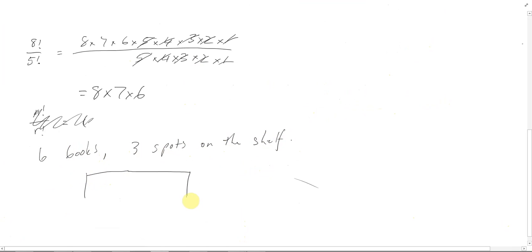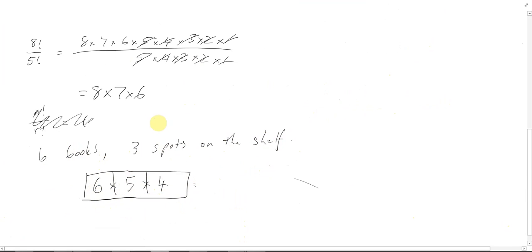Well, here are our 3 spots on the shelf. In the first spot, you've got 6 books to choose from, so you could have any of those 6. In the second spot, now you've only got 5 books to choose from. And in the third spot, you've now got 4 books to choose from. So there you go. Your answer is just going to be 6 times 5 times 4.